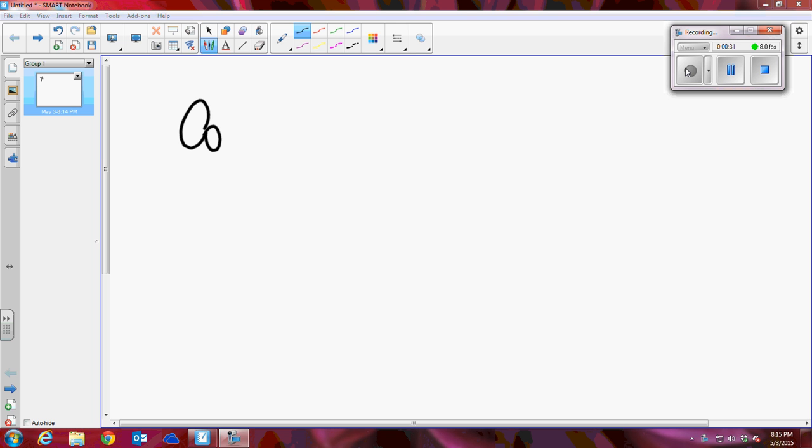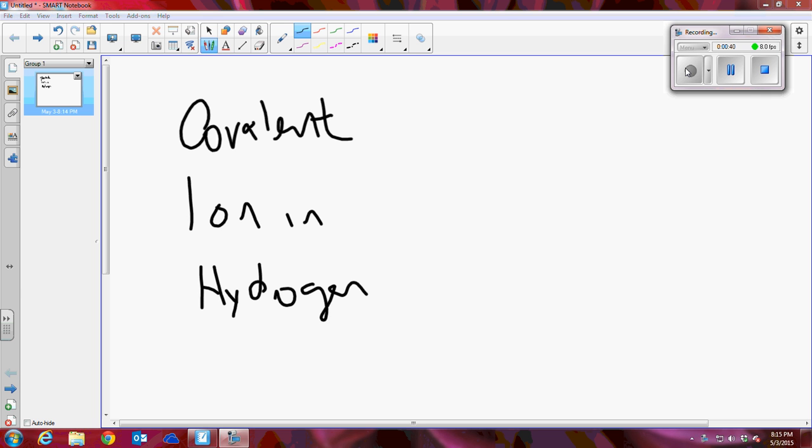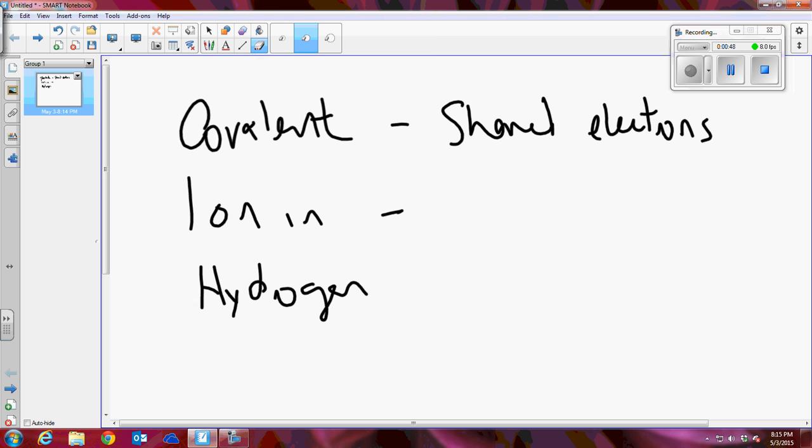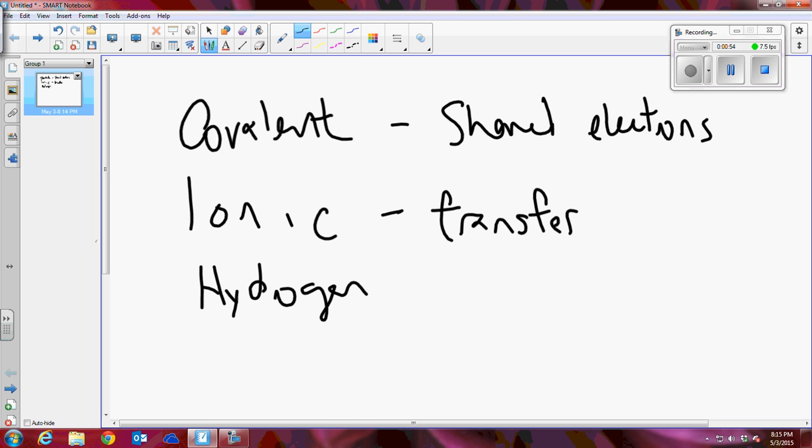One thing, you need to make sure you understand the difference between the different kinds of bonds. Whereas covalent bonds represent shared electrons, ionic bonds represent transferred electrons.